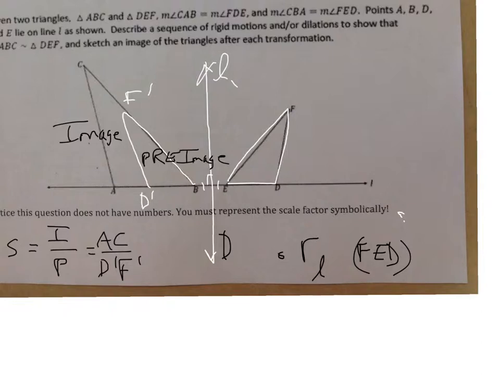Well, the center of the dilation ends up being point B. So that's what would go down here. And the amount that we're dilating by is our scale factor. So we would write down below here, we're dilating by AC over D prime F prime. There's the answer.